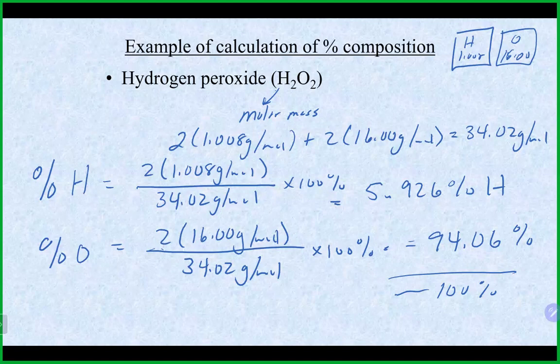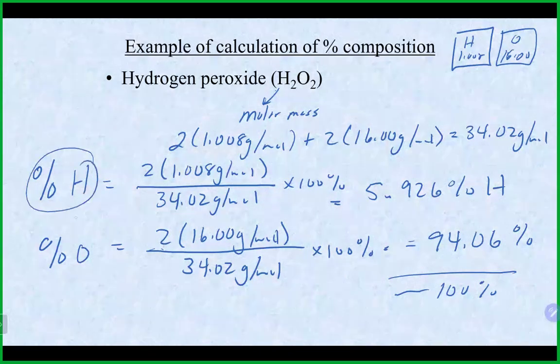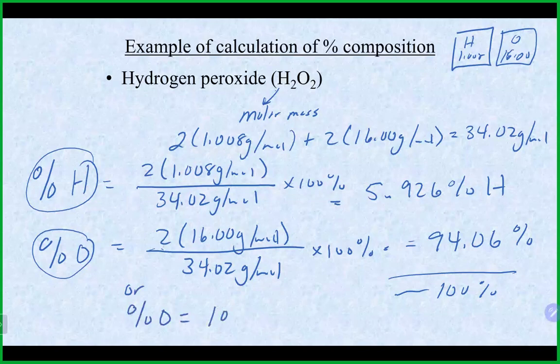By the way, because these were the only 2 elements present, instead of calculating the percent composition of oxygen like I did, we could have also just subtracted. So we could have alternatively found the percent of oxygen, because these are the only 2 present, as 100% total minus the 5.926%, because that's the percentage of hydrogen.